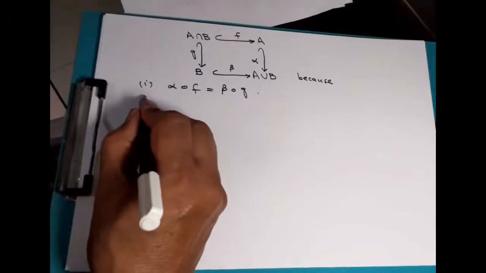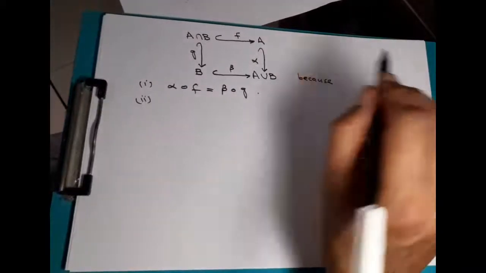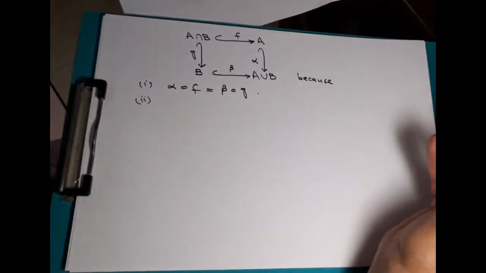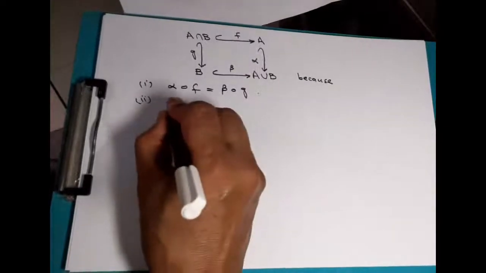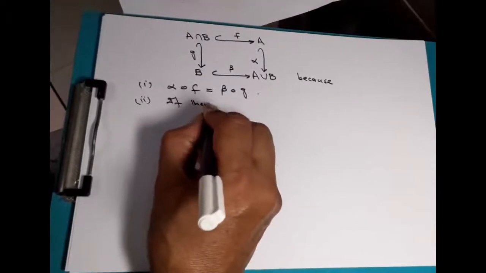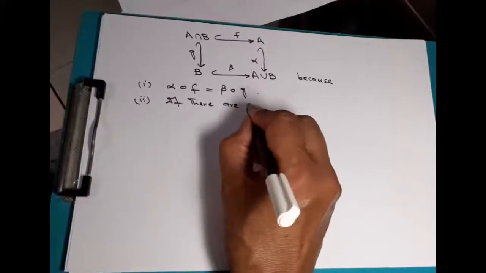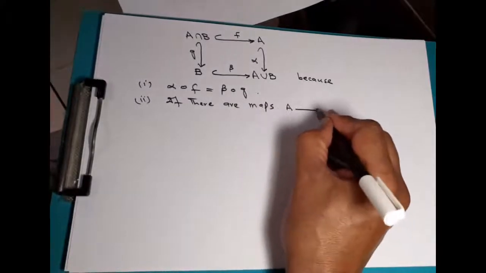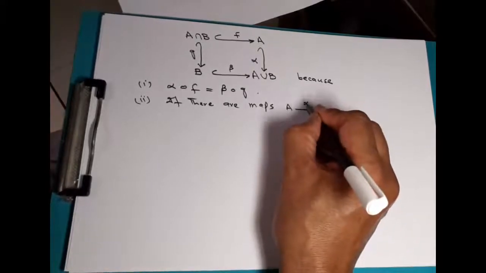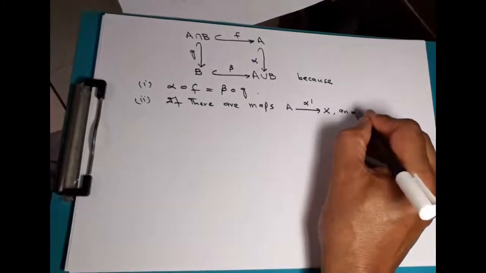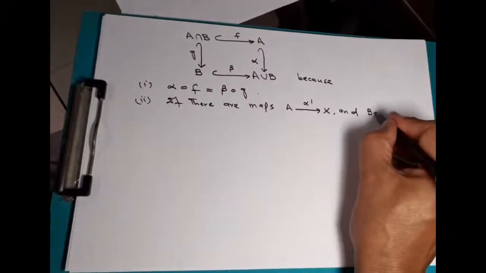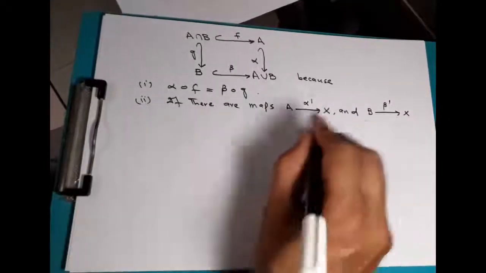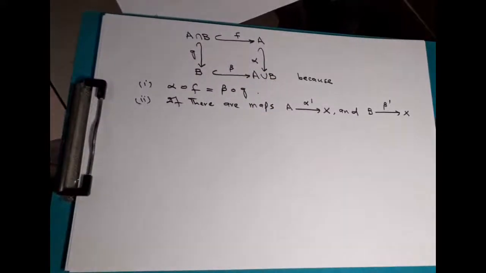And secondly, if there are maps, in fact we need two maps as we have already defined, from A to X, let's denote it by alpha dash, and from B to X, let's denote it by beta dash, such that, let's draw these maps first, then I will write the remaining conditions.